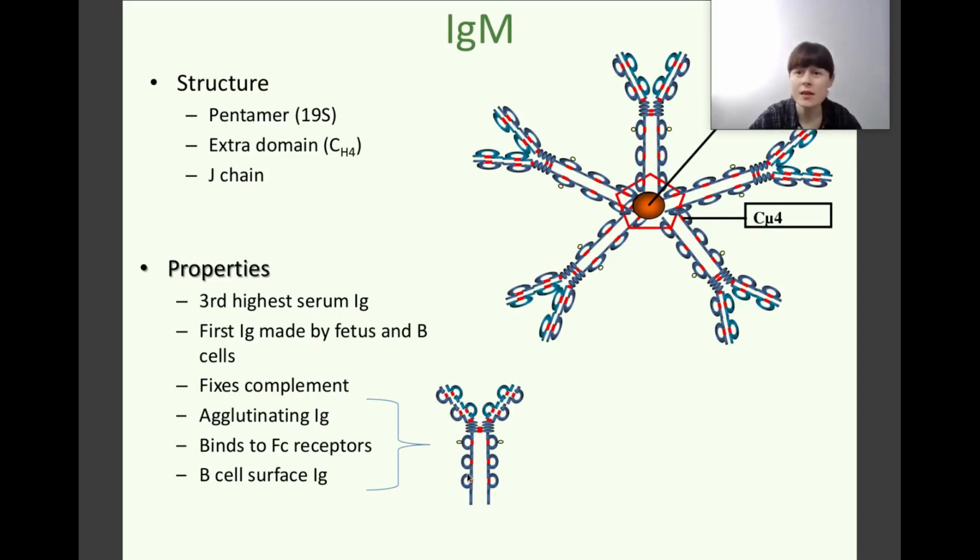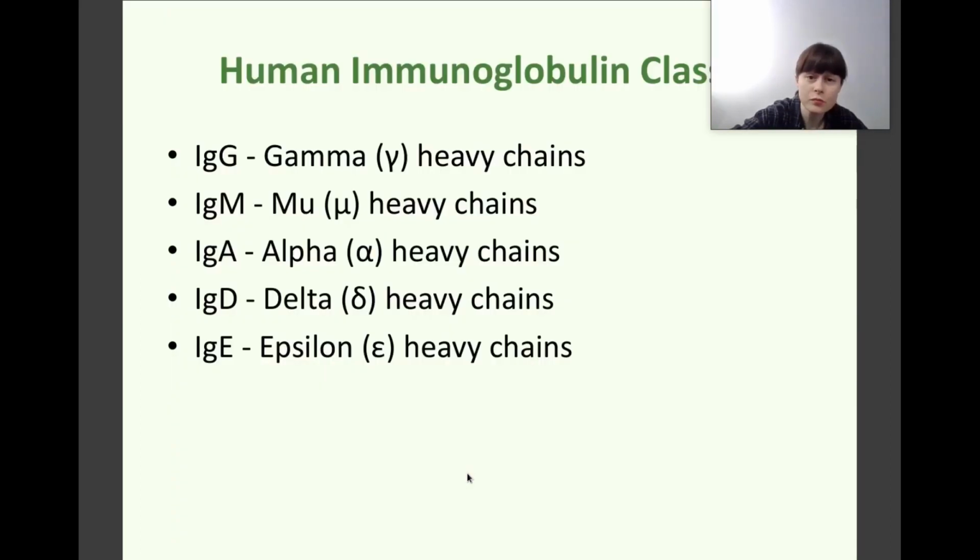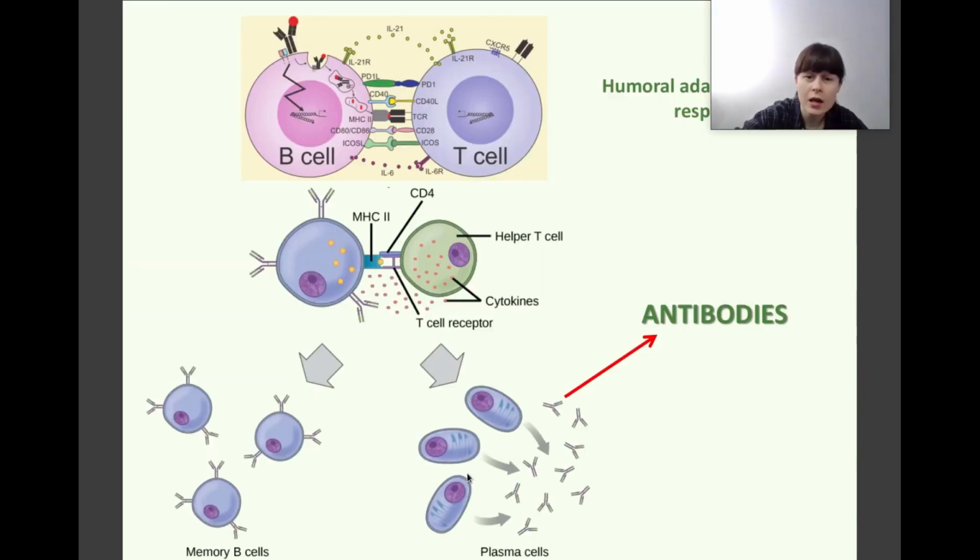This is understandable, because if you return to our presentation on B cell activation, you see our B cell has some receptors, and these can be immunoglobulin M receptors.